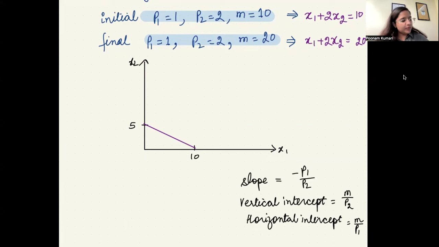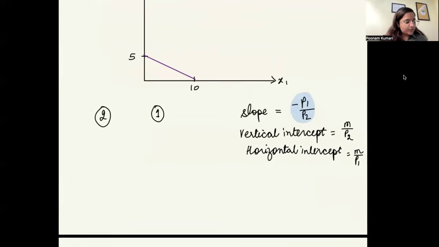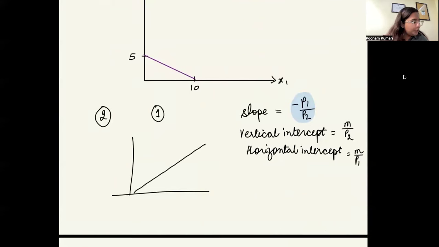What does slope tell you? Suppose the magnitude of slope is very high. Say there is a line whose slope is 2 and a line whose slope is 1. So what will be the meaning of that? Ma'am, that the 2 is steeper than 1. More steeper. So if the line with slope 1 looks like this, the line with slope 2 will be much steeper. How can you understand steep and flat?